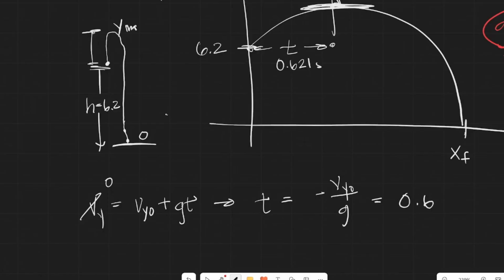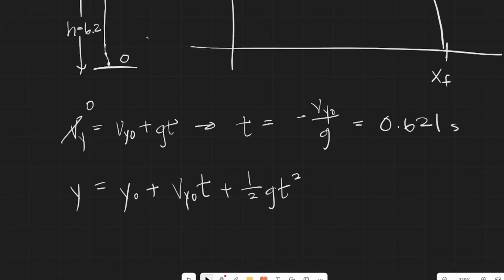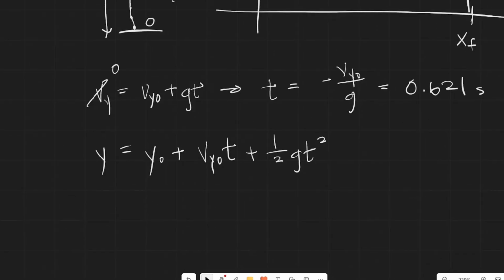So that is why that equals that, but the position now, we'll call it y, equals y naught plus Vy naught t plus 1/2 g t squared. And we have all of these values now. We just need the maximum height. So we know y naught, that's 6.2 meters.